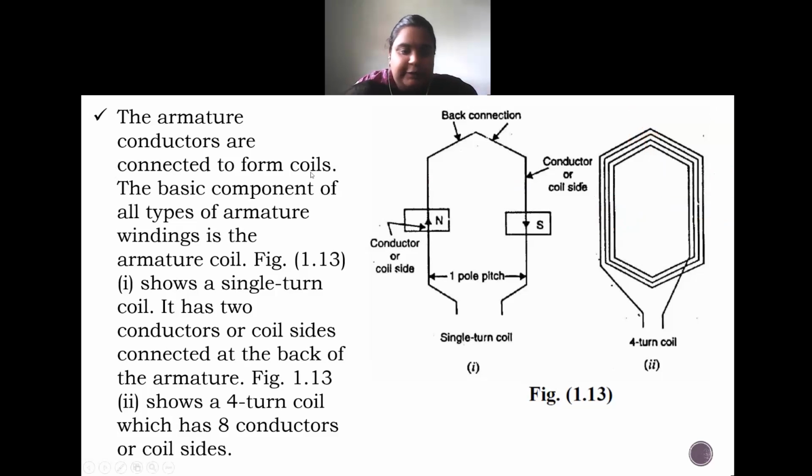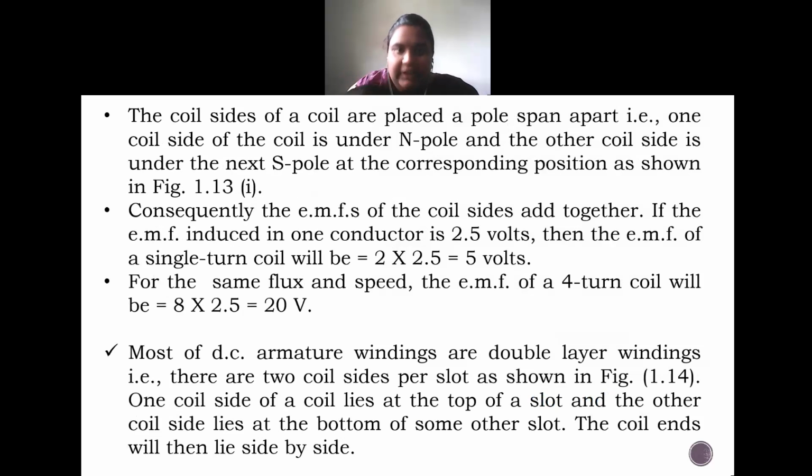So there are two types of coils, basically single turn coils and multi-turn coils. In this case, it is showing 4-turn coils. The coil sides of a coil are placed a pole span apart. That is, one side of the coil is under the north pole and the other side is under the next south pole at the corresponding positions, as shown in figure 1.131.